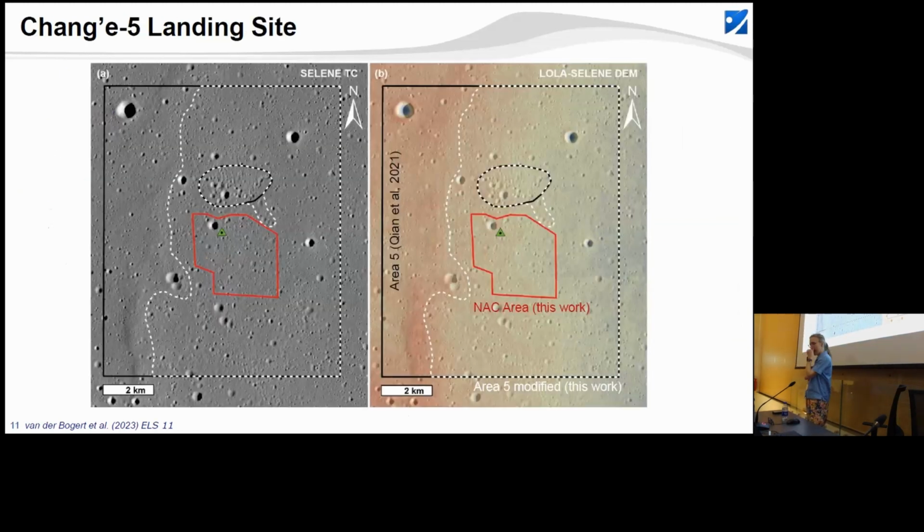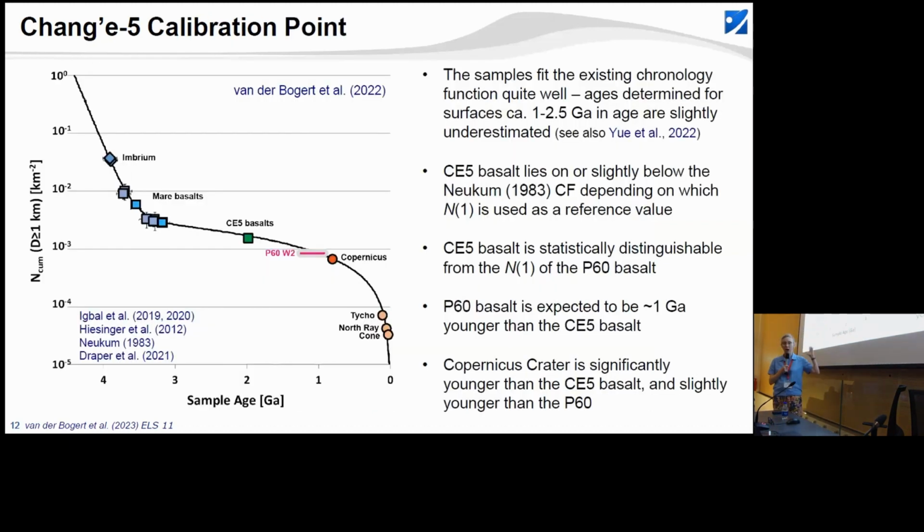So what I did with my group in Münster was to take a look at refining work that Yuki Hyun did. He also did a geologic map to make a calibration point for the Chang'e 5 samples. And indeed, when we plot the point on the existing Neukum chronology, you can see that it plots right there, just slightly below the Neukum chronology function.